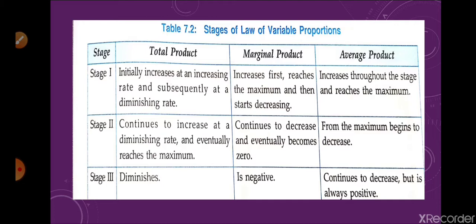Why does it start declining? Because the machine which we had was having the strength of 5 workers, and 5 workers were employed in the first stage. Afterwards we kept increasing the number of laborers continuously, so production is decreasing, or average production is declining continuously.